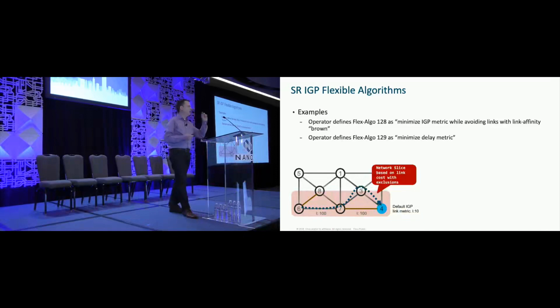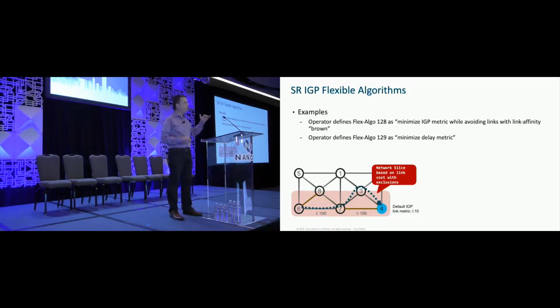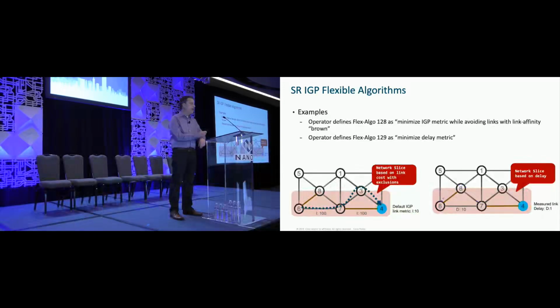I have a network slice that only includes 5 out of my 8 routers, and I want my IGP to compute a path to any destination in the slice that minimizes the IGP metric and avoids the brown links. What you see in the blue arrow is a representation of such a path. Who made that call to avoid brown and include only these routers? You made that call. The operator did.